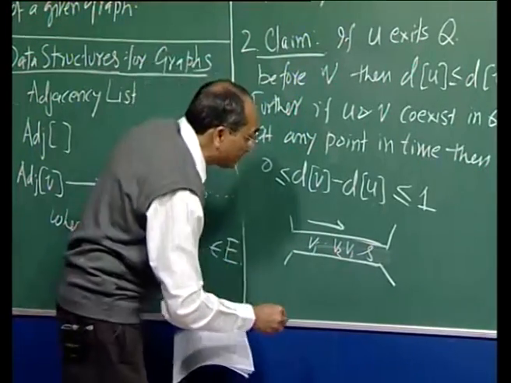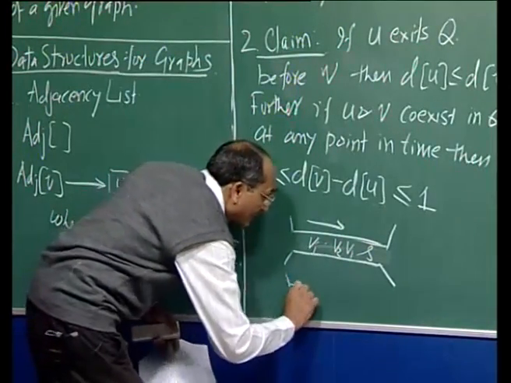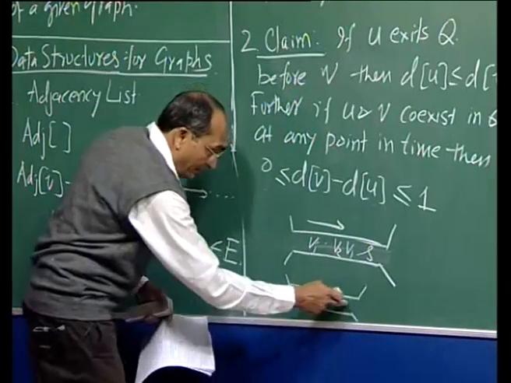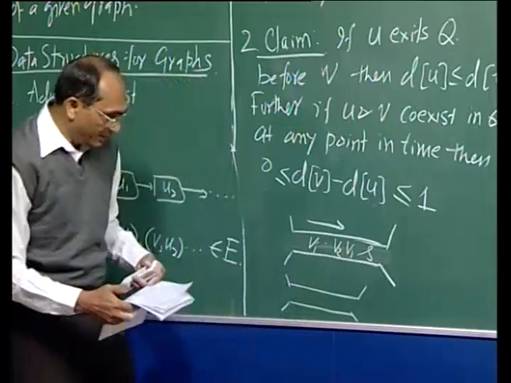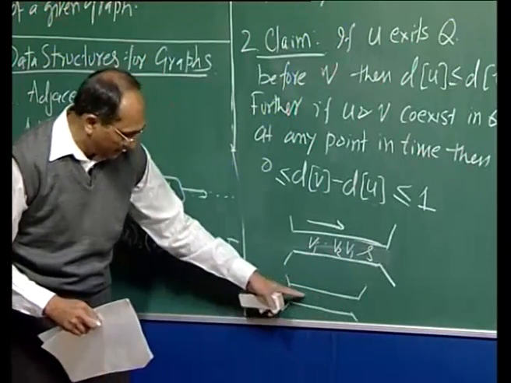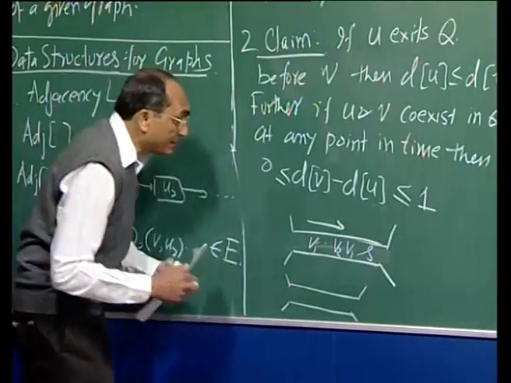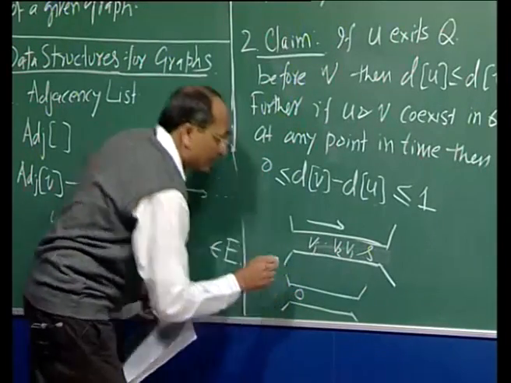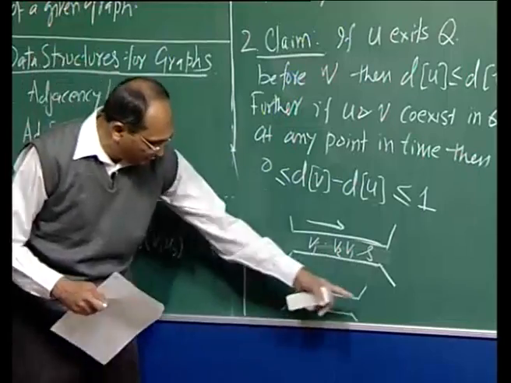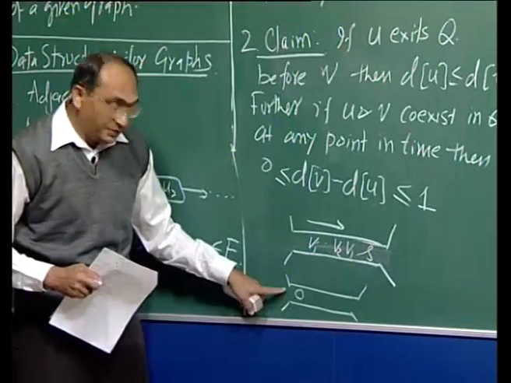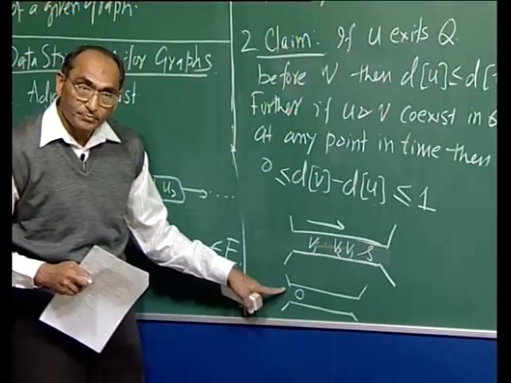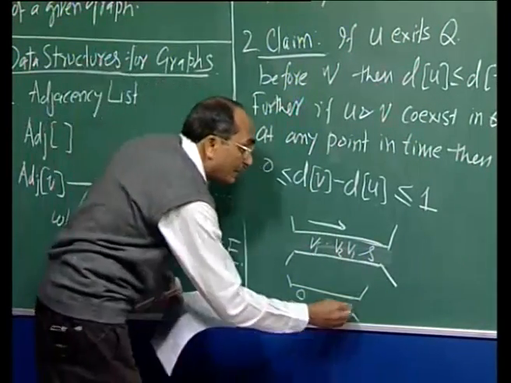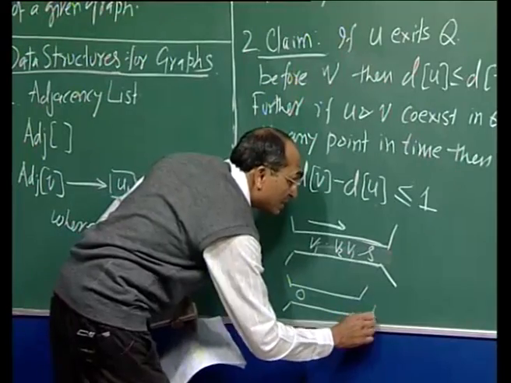So in general, if up to a certain point, the d values of the successive vertices that have entered the Q have only increased, then the last vertex here has the highest d value among all. Then the next vertex that will enter here, now its d value is 1 plus d value of some earlier vertex u.